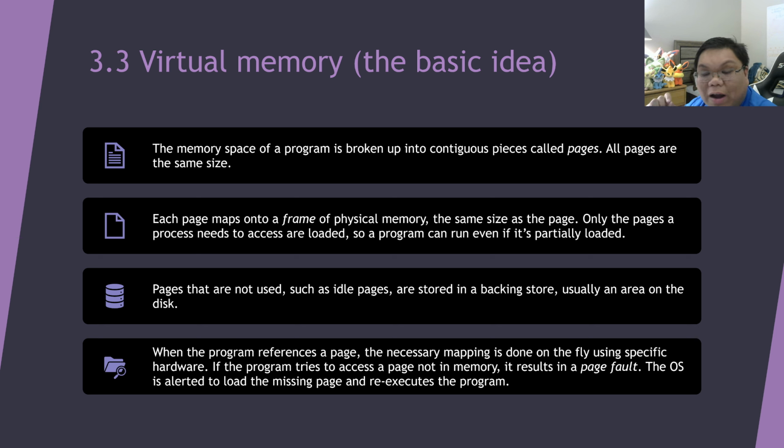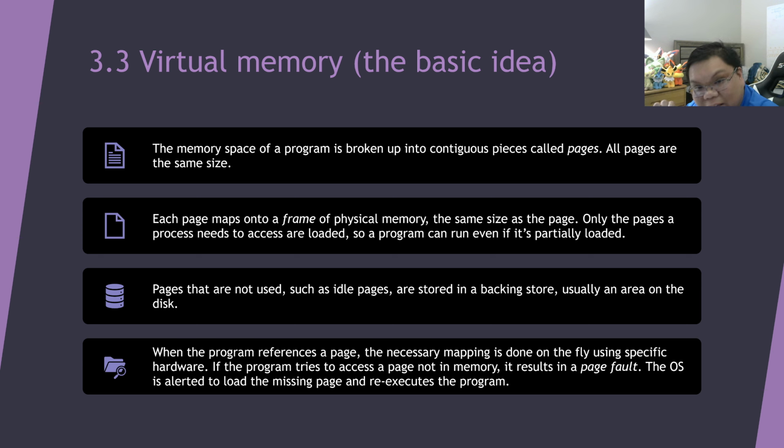If a program tries to access a page that isn't loaded to memory, we get what is called a page fault. That happens because we're trying to read from a page that's missing from memory. When that happens, the operating system is alerted about that, and then it loads the missing page and re-executes the program.